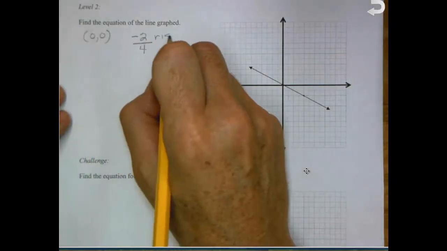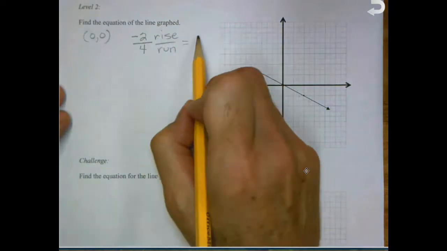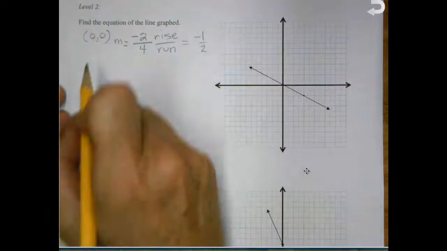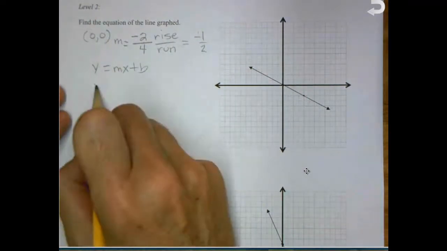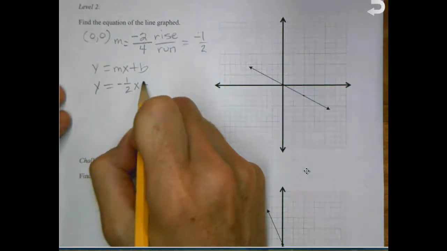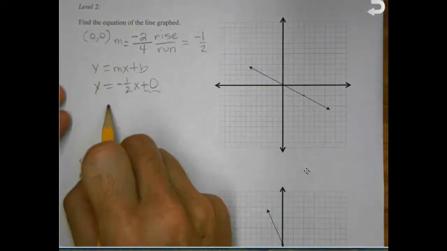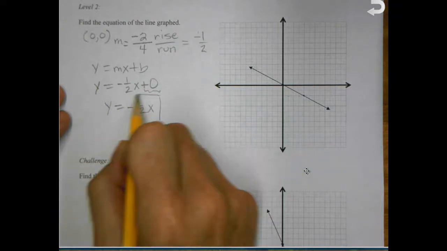So rise over run. And when I reduce that, I have negative 1/2. That's my slope. So in the y equals mx plus b form, I have y equals negative 1/2 x plus 0. Now I don't need to show a plus 0, so I will just write that as y equals negative 1/2 x. And that's all I need to show.